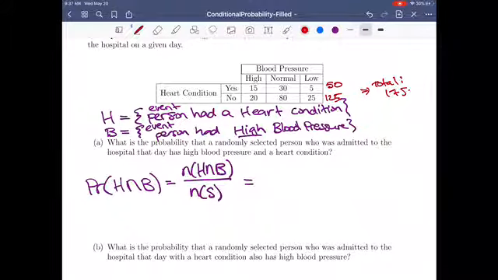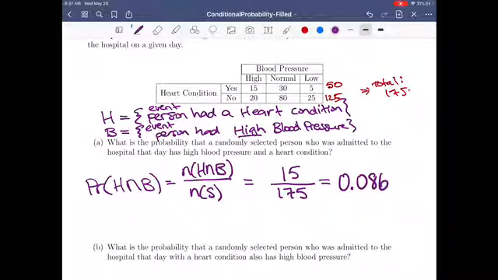So there's 175 people who went to the hospital that day, and that's the size of our sample space. The number of people who had a heart condition and high blood pressure is this spot here. So this probability is going to be 15 over 175, which as a decimal is 0.086. Okay, so that's a normal probability.